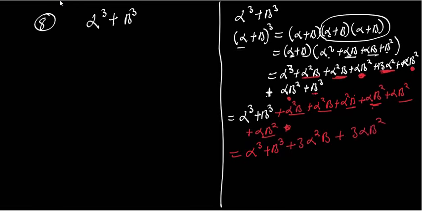Then I'll get this part here. So (alpha plus beta) squared equal to alpha cubed plus beta cubed, meaning that the one that is common here, which one is common? It's 3.